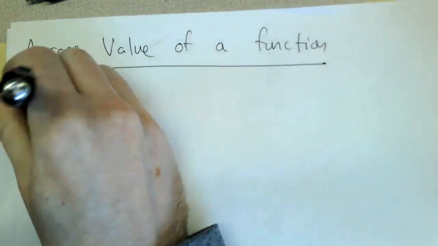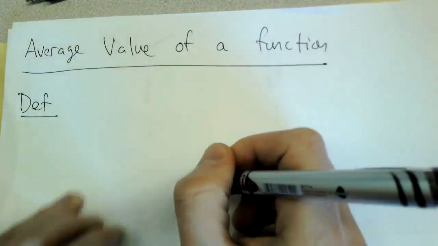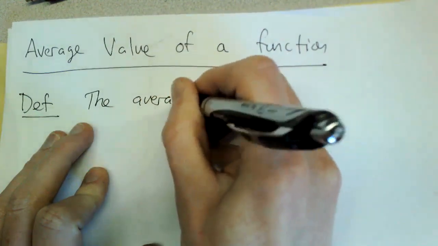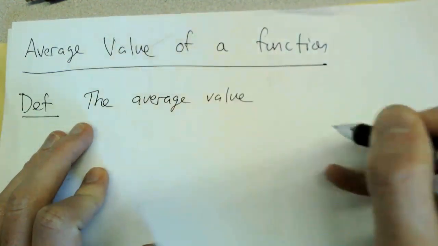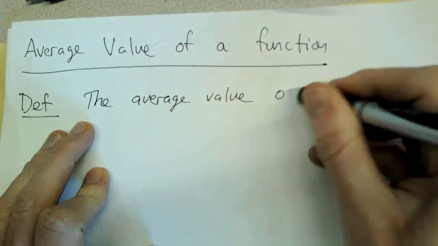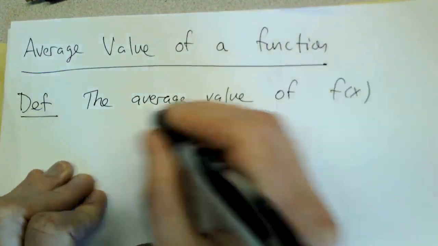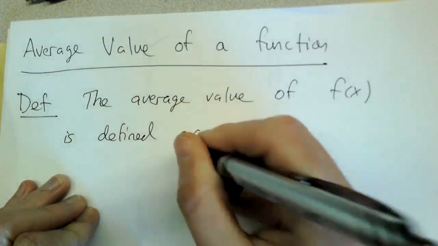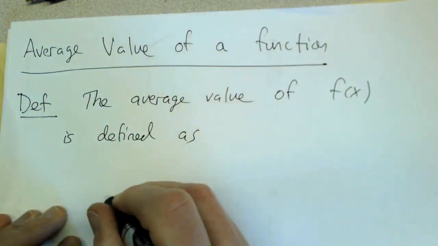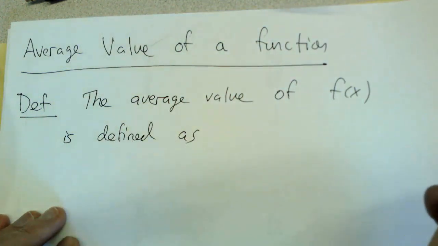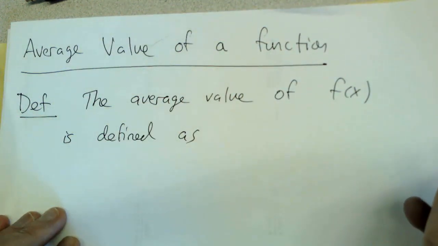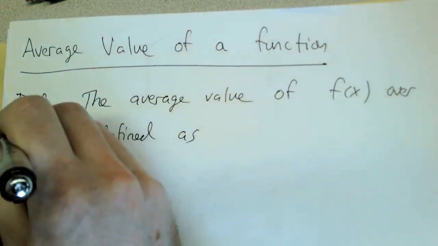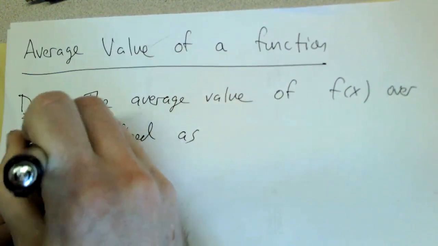Okay, so this is a definition. The average value of a function f of x over an interval a, b.